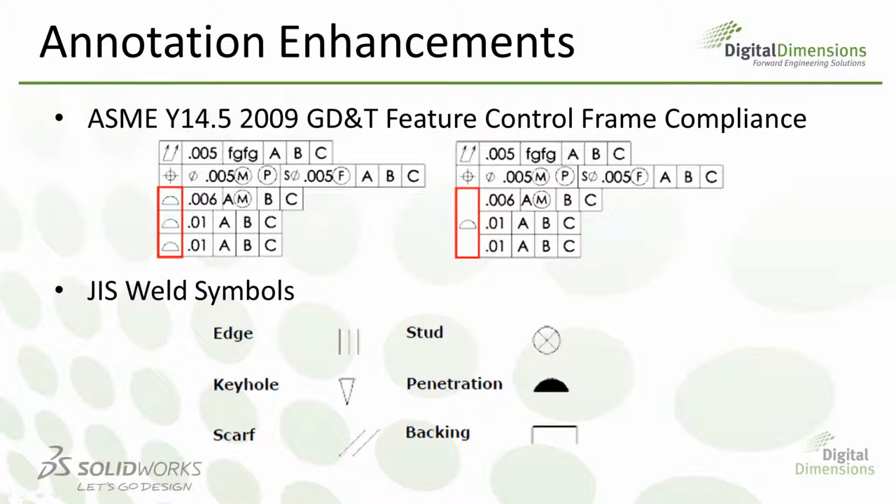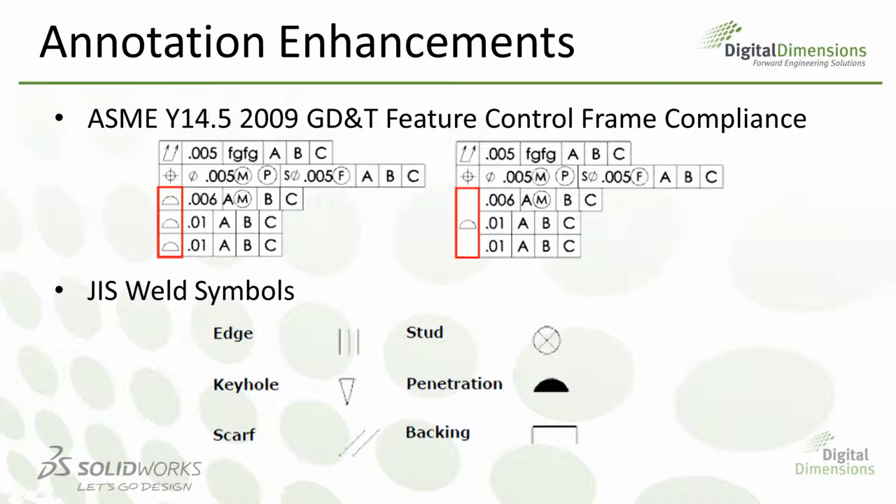And for annotations in SolidWorks 2014, they've included some support for standards. The first item here, ASME Y14.5 2009, for the geometric dimensioning and tolerancing feature control frame.